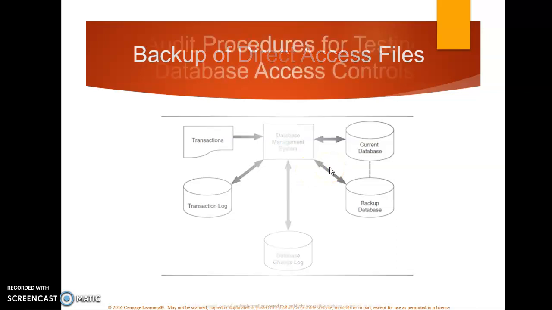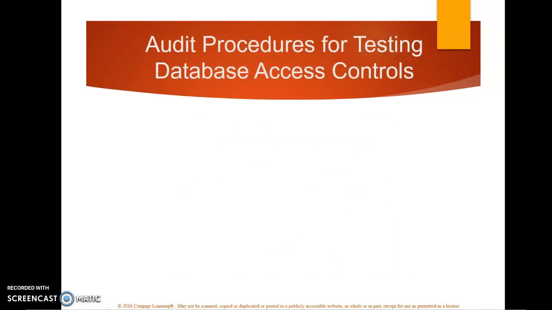Right. We move on to the audit procedure for testing database controls. The auditor should verify that backup is performed routinely and frequently to facilitate the recovery of lost, destroyed, and corrupted data without excessive reprocessing.